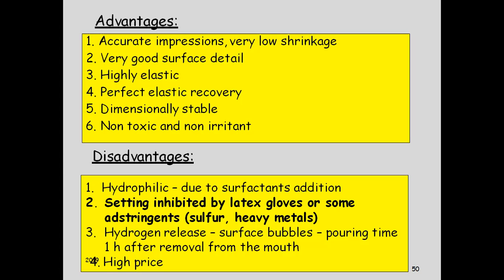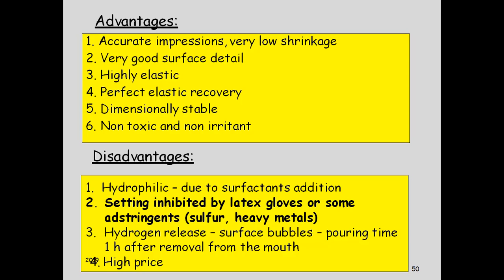Basically, three paste systems are there. Two paste for heavy body and one heavy body with the catalyst, one light body with the catalyst. So catalyst, same catalyst used for heavy body and light body. First, we will mix with the hand heavy body and the catalyst, then take the impression.